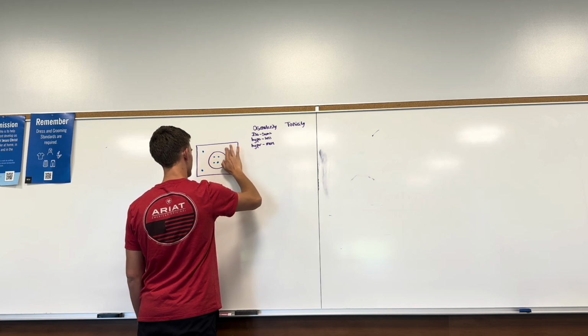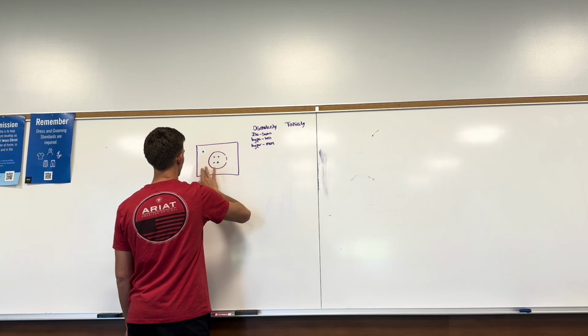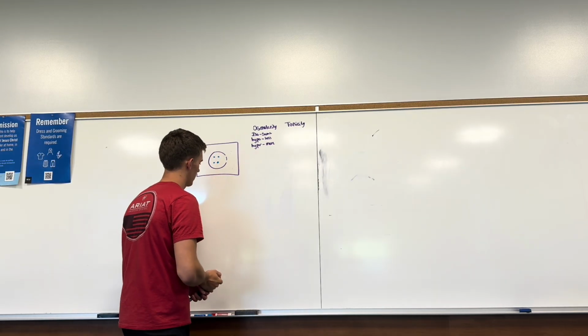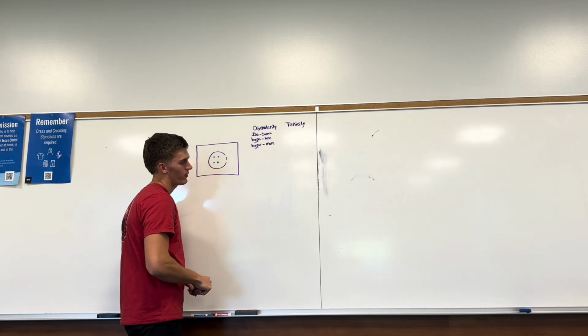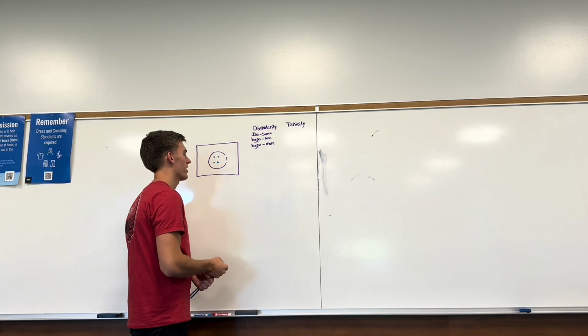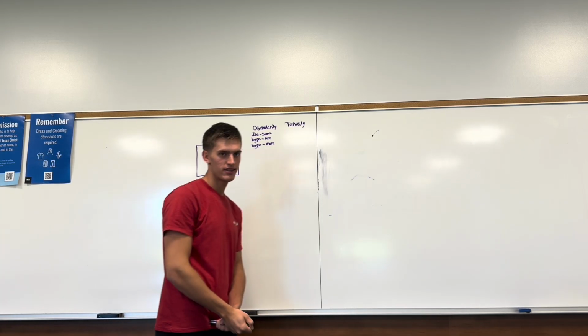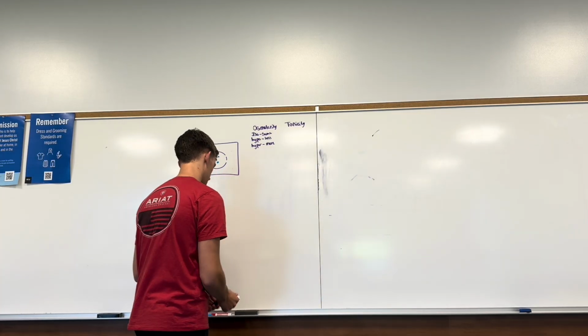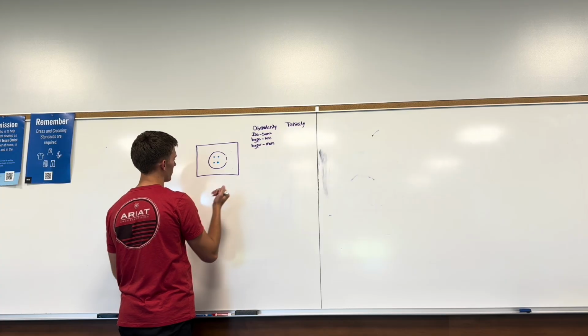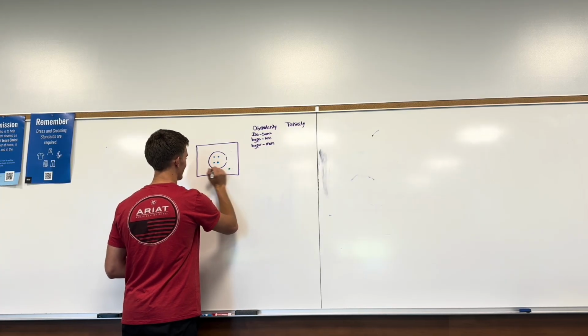So, scenario: a normal cell sits at 300 milliosmolars, and if I give you a 5% dextrose, this is what it'll look like. So that's inside the cell. I put 300 milliosmolars.